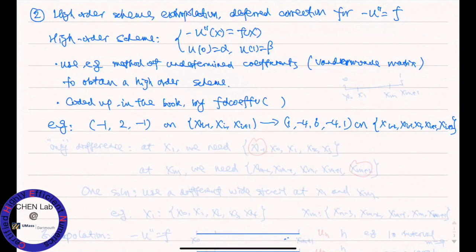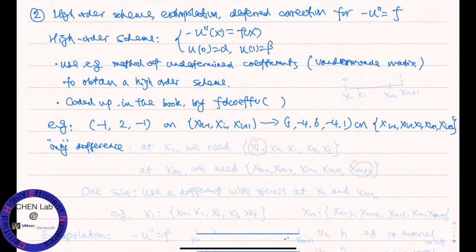So the procedure is basically the same as the -1, 2, -1 scheme. The only difference, of course, is that the matrix is different. Instead of 3 diagonals, we're going to have 5 diagonals.